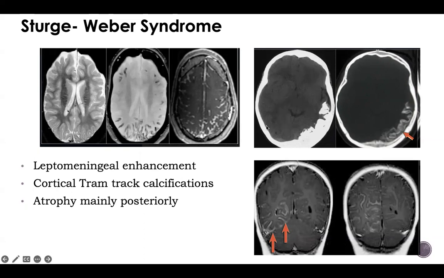While doing a contrast study of MRI, there is leptomeningeal enhancement, and also atrophy occurs in these cases, mainly in the posterior region. So here there is cortical leptomeningeal enhancement, tram-track appearance in case of CT, and also some amount of volume loss posteriorly.